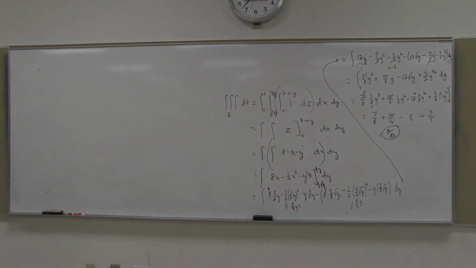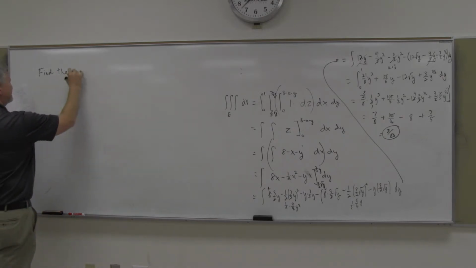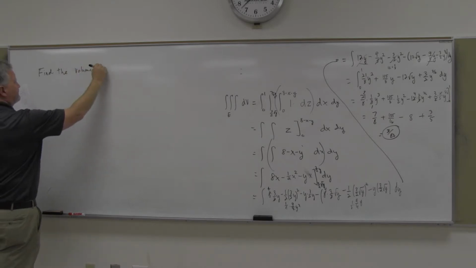And that is this one, find the volume. Because this one also has a little review built in here too. It's never a bad thing. All right, so find the volume of the tetrahedron.